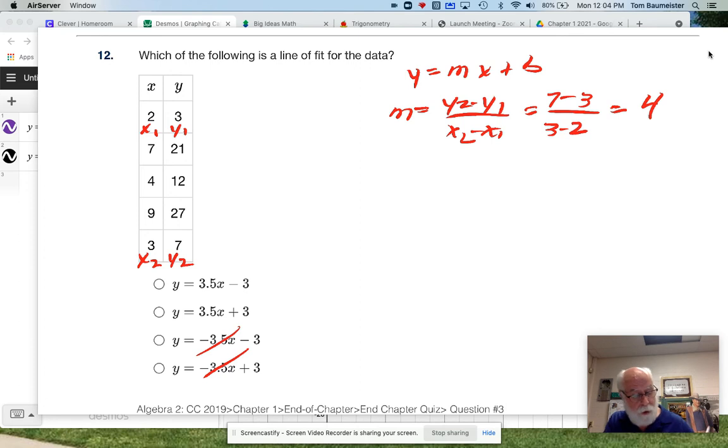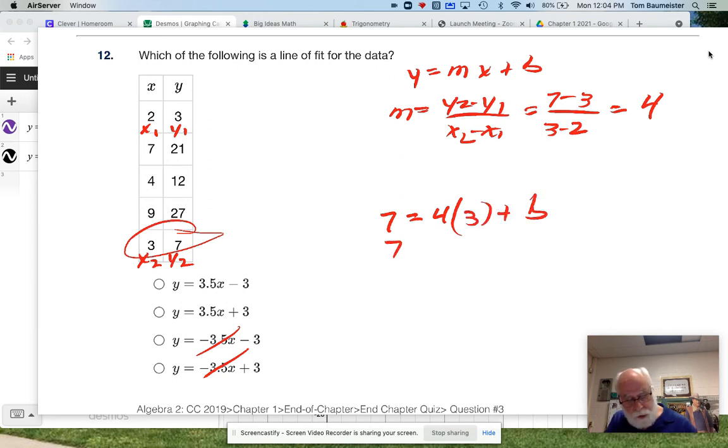So again, remember, I'm going to choose one of the 2 points again now. So I'm going to choose, for some reason I chose this one. Okay? So I'm going to plug in 7 is equal to, well, we just said our m was 4, and then we have 3 plus b.